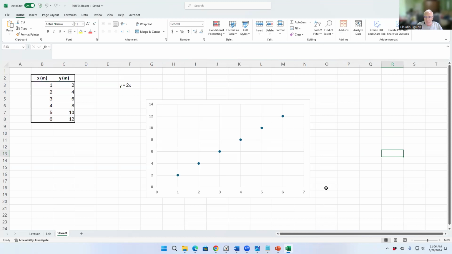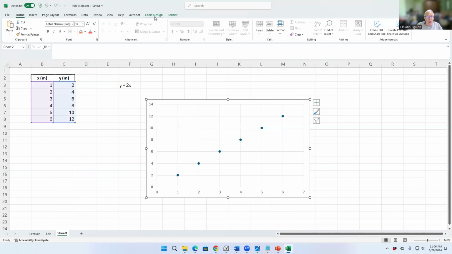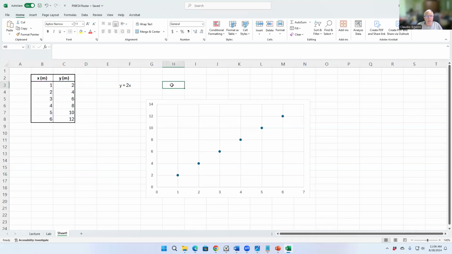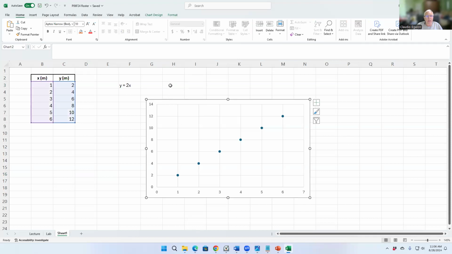If the graph is not highlighted, is not selected, then you're going to see 1, 2, 3, 4, 5, 6, 7, 8, 9, 10. In my case, it's 10 options here. If I highlight the graph, then 2 more options appear right here at the top. I'm going to deselect and select. See that? Deselect and select.